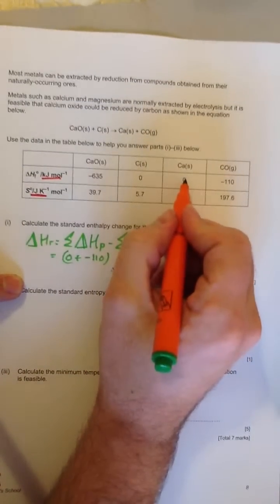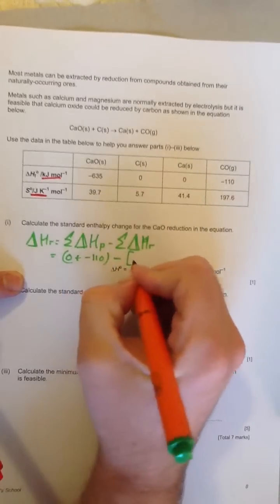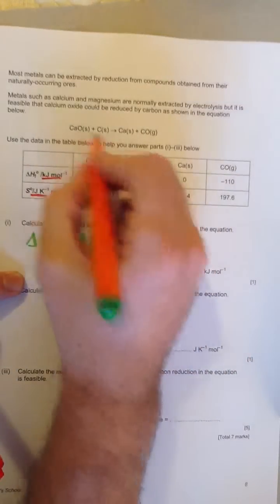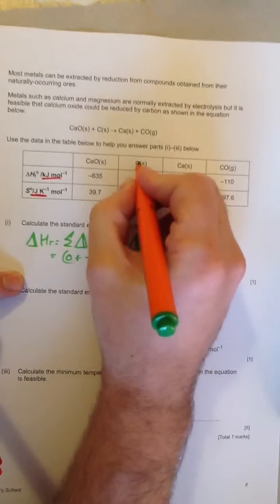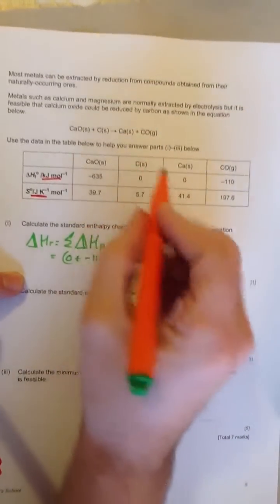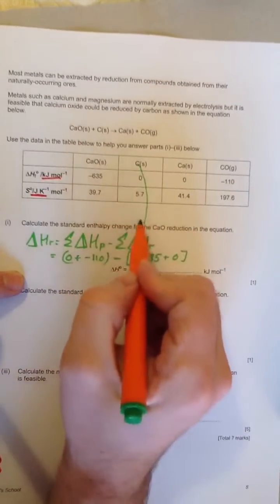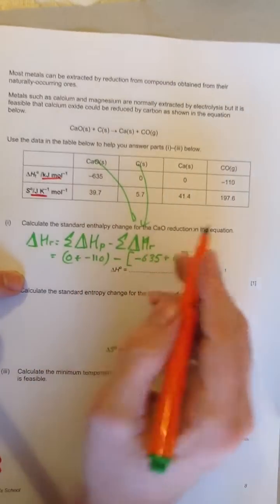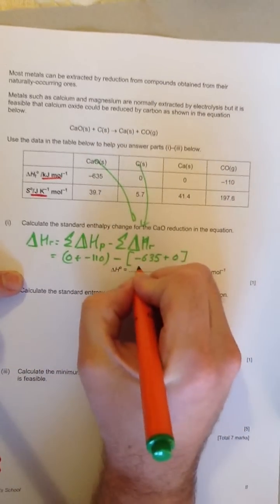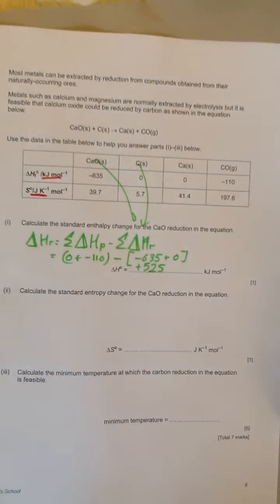Remember, it's an element, so its delta H of formation is 0, minus, square brackets, calcium oxide, minus 635, plus carbon, 0, because these two things here are the reactants, and your calcium and your carbon monoxide are your products. Put that into a calculator, the answer you get is plus 525 kilojoules per mole. So it's an endothermic process.